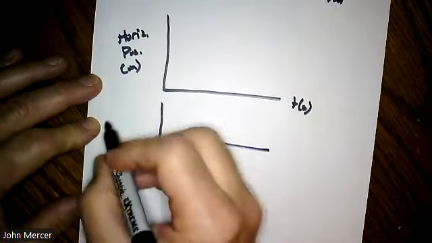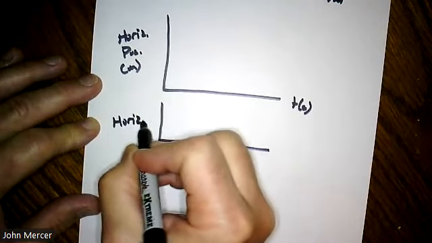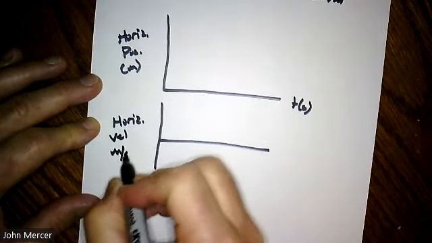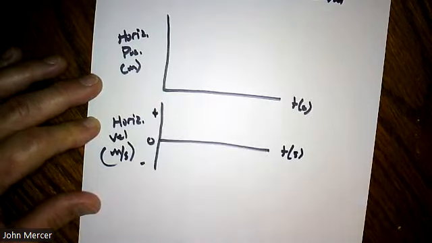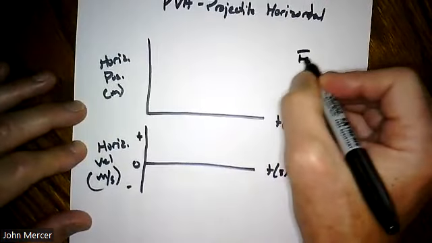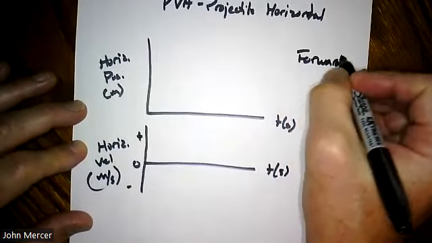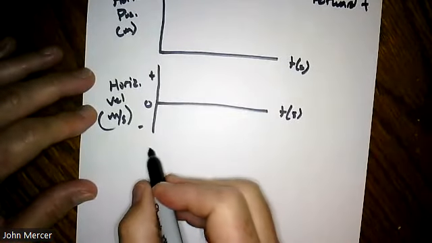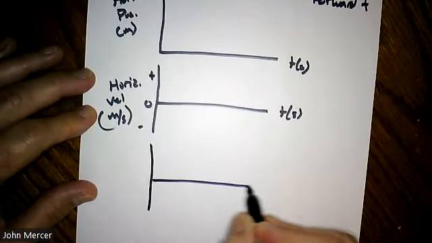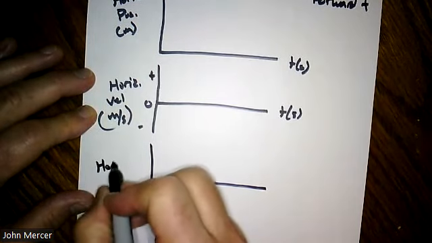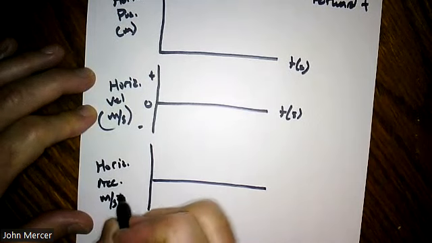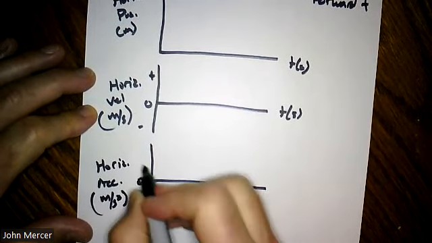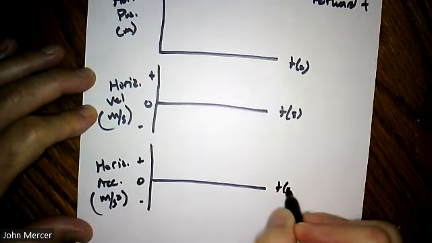Horizontal velocity, meters per second, 0, positive, negative. And now we're in horizontal, so forward is positive. And then I have horizontal acceleration, meters per second squared, 0, positive, negative, and time.